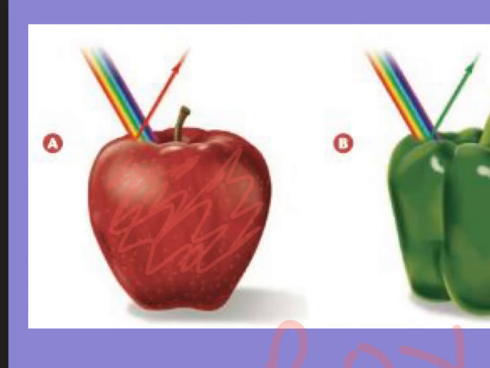Those pigments absorb all the other colors except for red. So we see the apple as red because the apple reflects red light. It doesn't absorb red light, it reflects it. It absorbs all the purples and the blues and the greens and the yellows, but it reflects that red light into our eyes, and that's why we perceive the apple to be red.